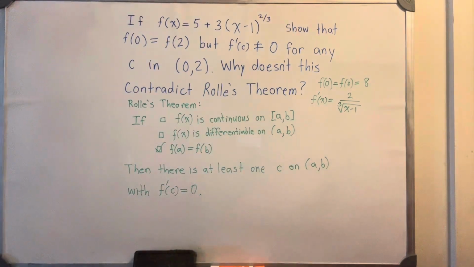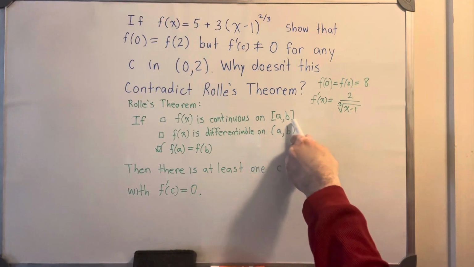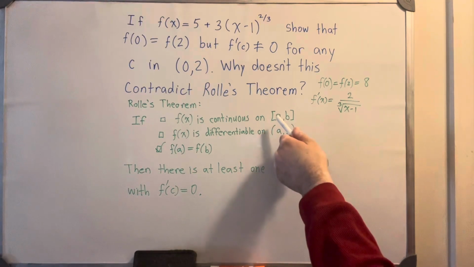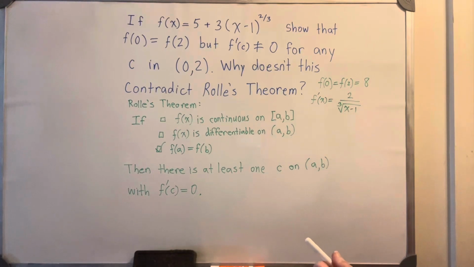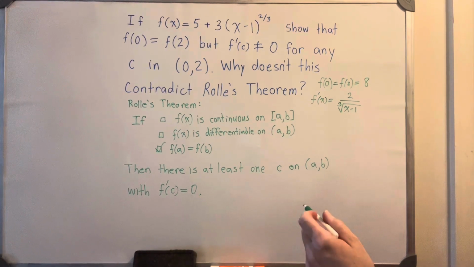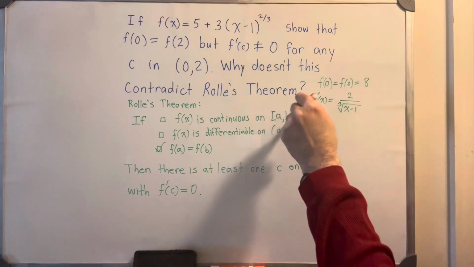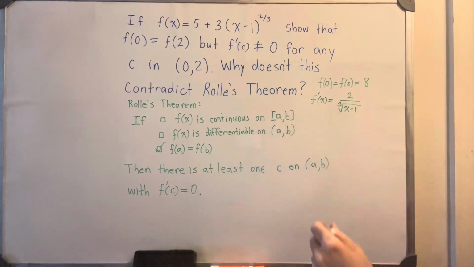If you remember what the definition of continuity on a closed interval is. Formally there are three criteria basically: the function has to exist for every value, the limit has to exist for every value, and the limit as the function approaches every number in this interval has to equal the value of the function.